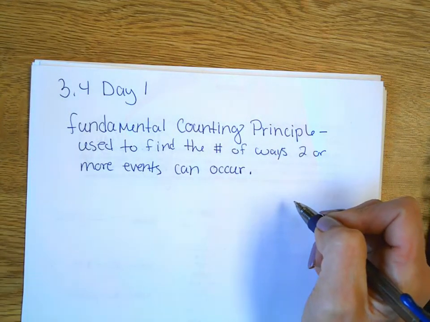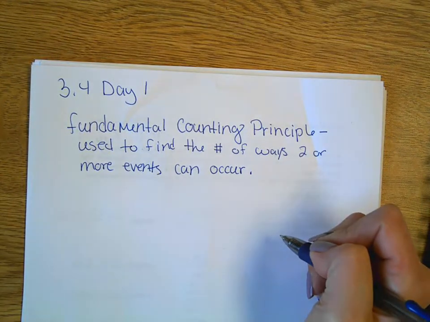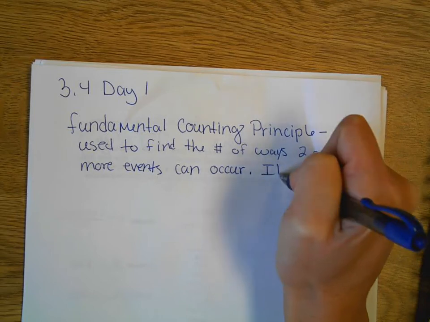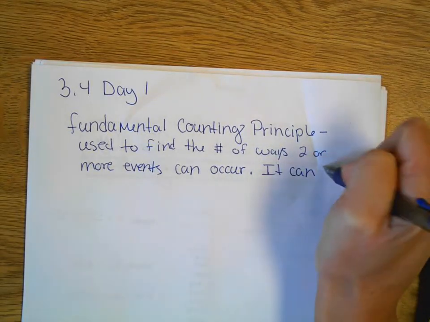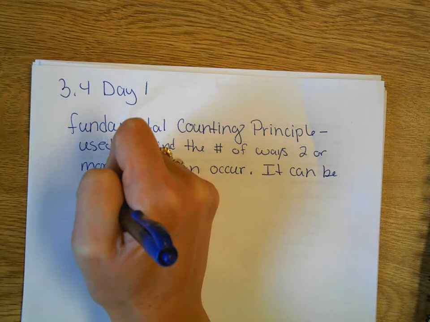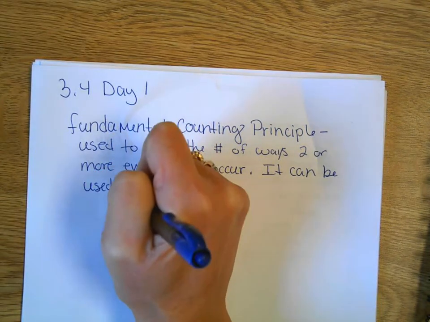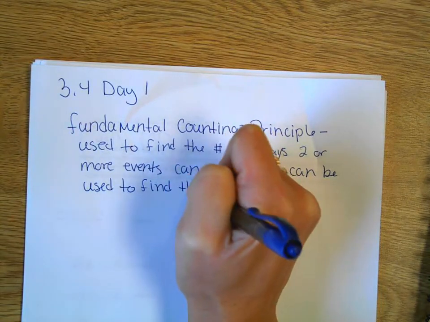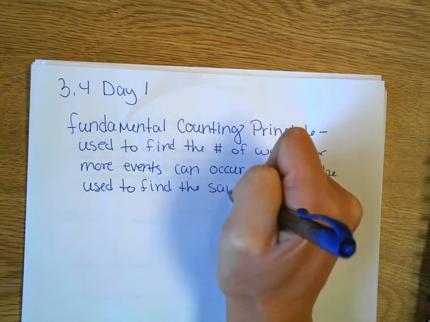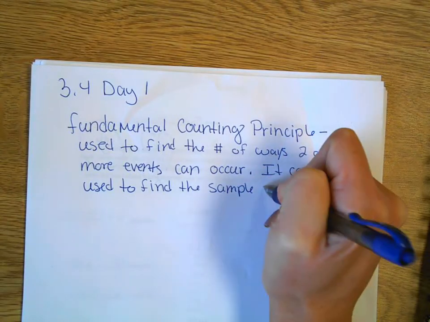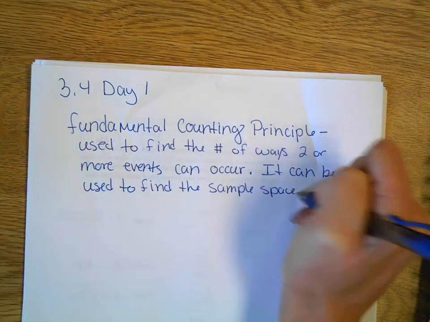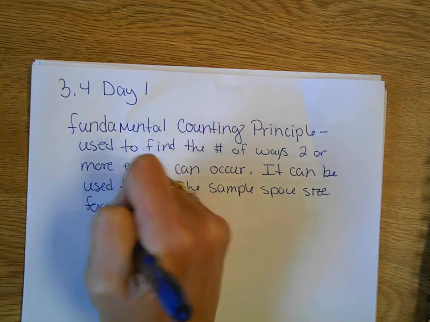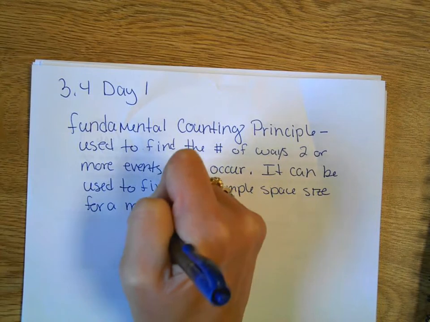So think of it as a way to calculate your sample space for a multiple part experiment. So it can be used to find the sample space size for a multiple part experiment.